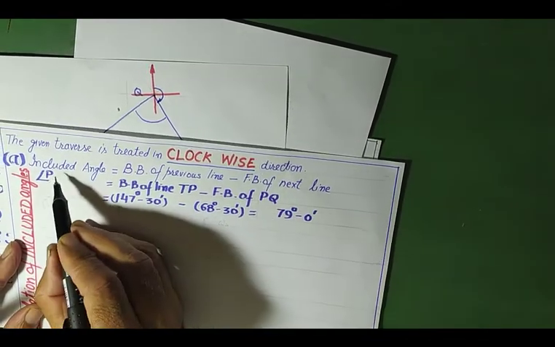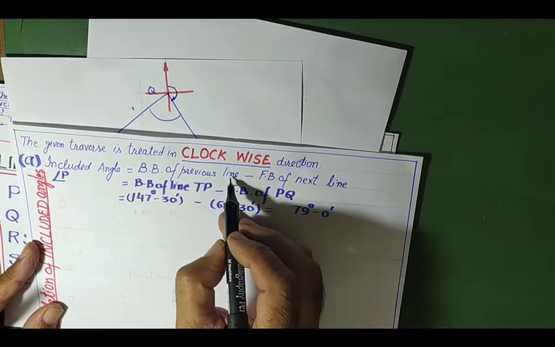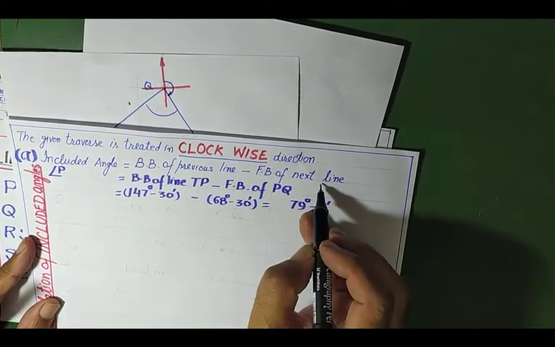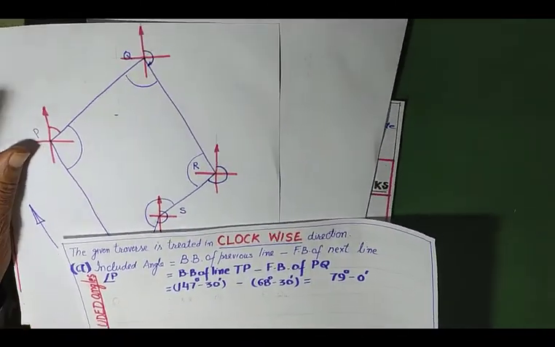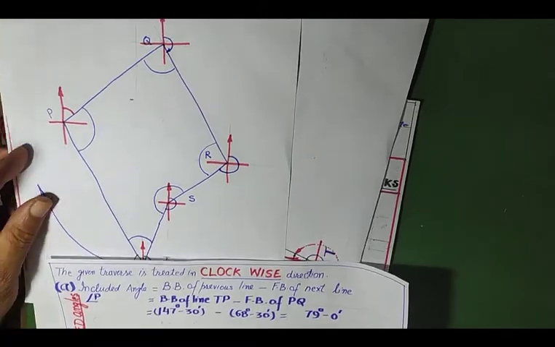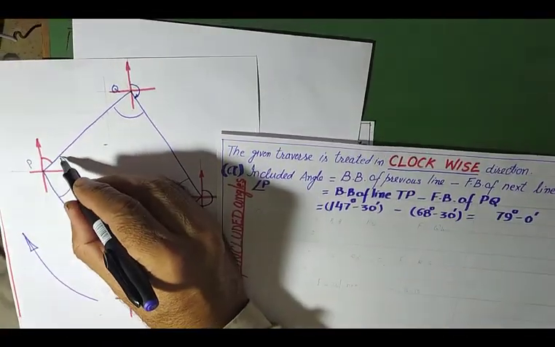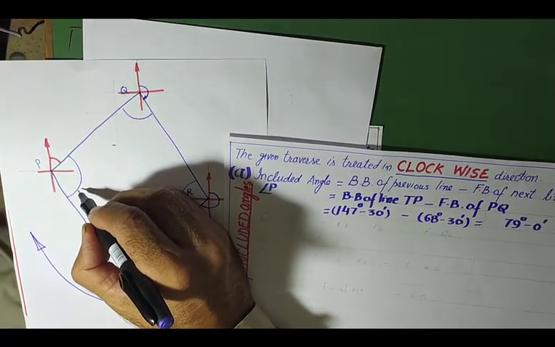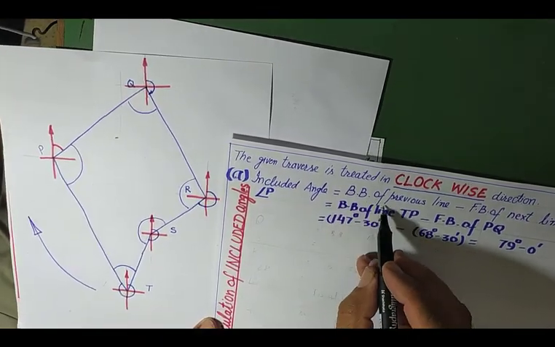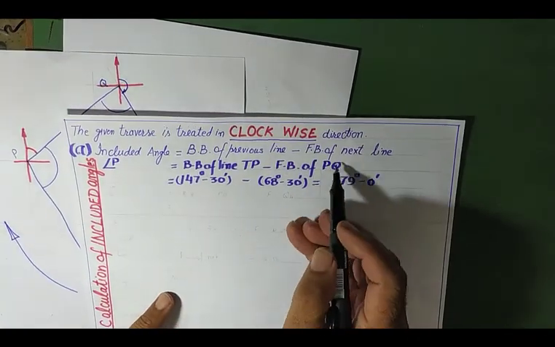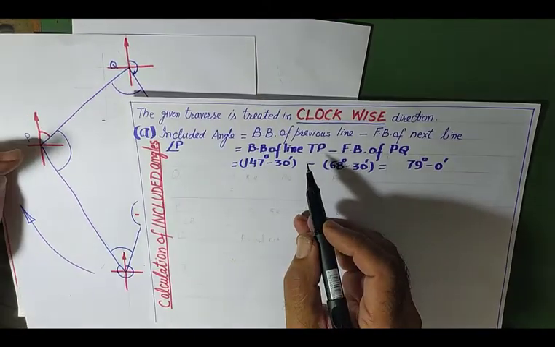Then included angles will be given by the formula: back bearing of previous line minus forward bearing of next line. For example, if this is your traverse, we have plotted according to the bearings of the lines. So we are going to calculate the angle P. This is our included angle P. For this the formula is back bearing of previous line minus forward bearing of next line. I have given the name back bearing of previous line. This is point P.